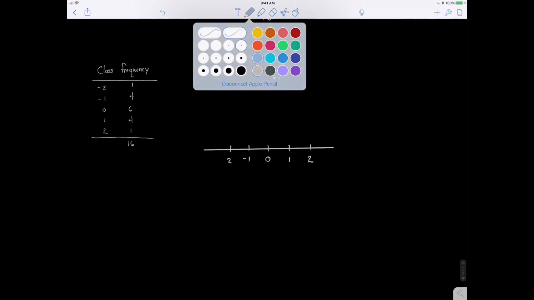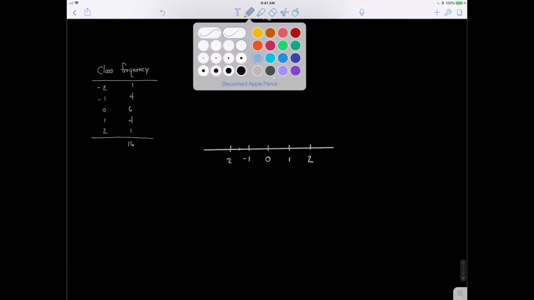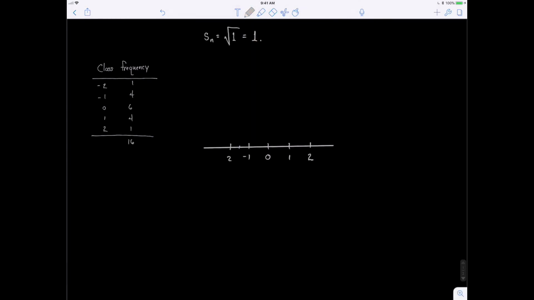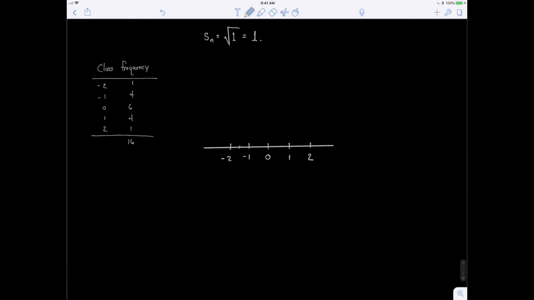So let's just use a little half marker. So there will be one at, oops, I forgot my -2 there. And then I have another one at -0.5, at 0.5, 1.5, 2.5, and at -2.5. So let's put up our frequency count here as well.